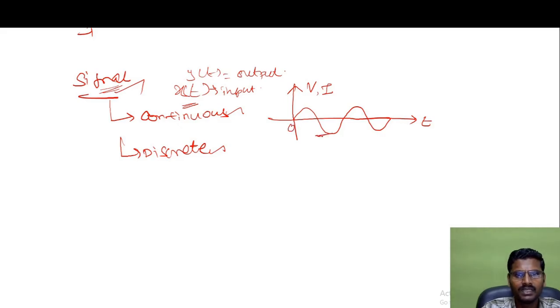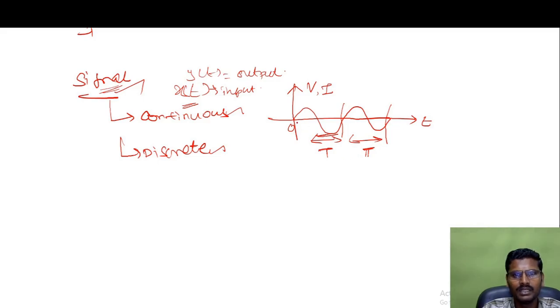So this signal is known as a continuous signal. A continuous signal can otherwise be defined as a signal that will have a common time period, the same interval of time.